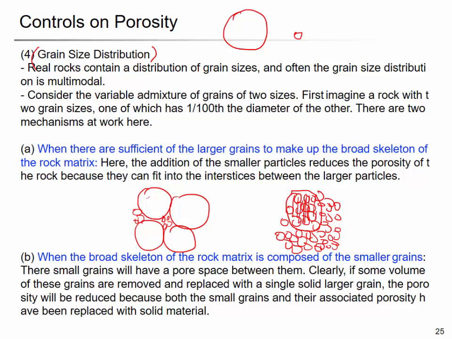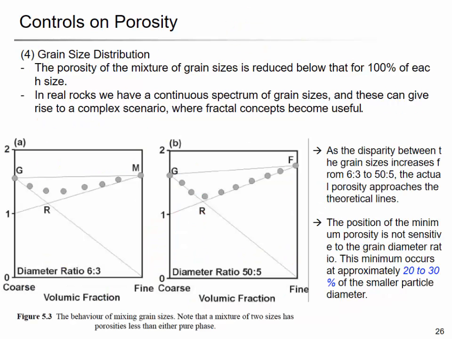Right? So anytime you mix two different size particles, it's good for decreasing the porosity. Because this is just one grain, before replacing it there were some pores between the small particles. So these two mechanisms work here, and then you have this figure.